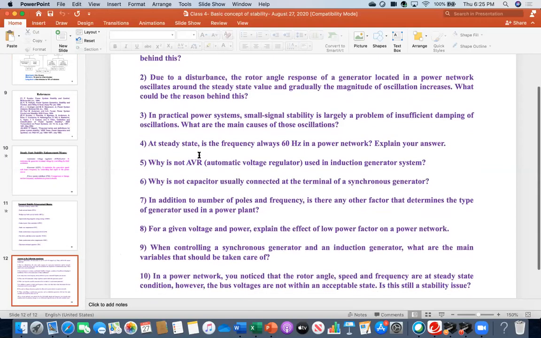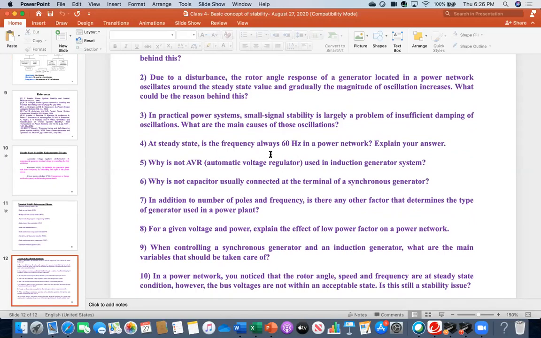Now, question number 4: at steady state, is the frequency always 60 Hertz in a power network? Explain your answer. So, Venkat, are you online? Yes, sir. So, what is the answer for question number 4? At steady state means there is no major disturbance, no fault, no short circuit.